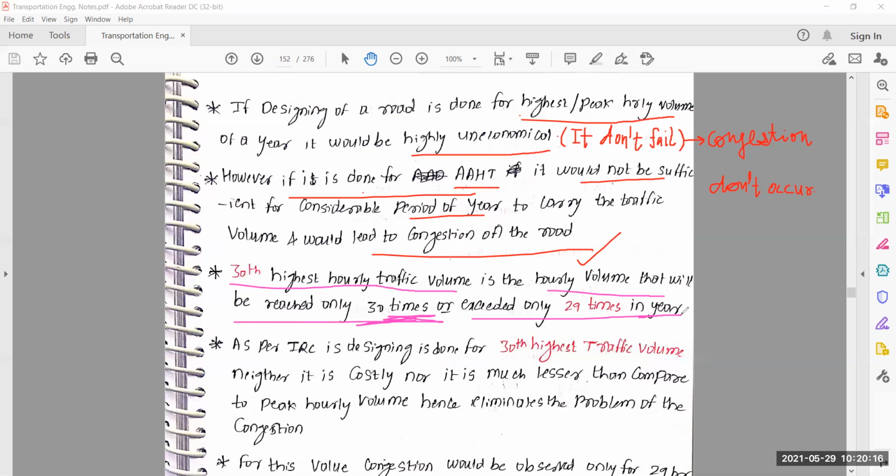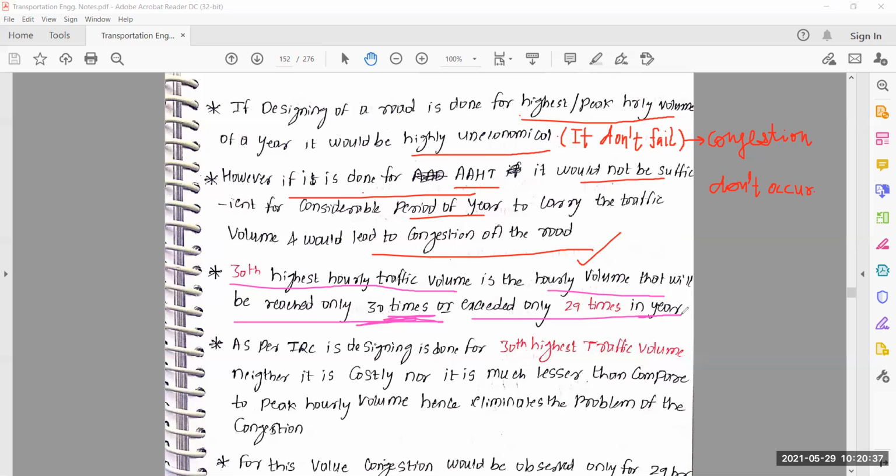IRC makes many types of observations for calculating the highest hourly volume, and it suggests a value of the 30th highest traffic volume as our considered traffic volume.